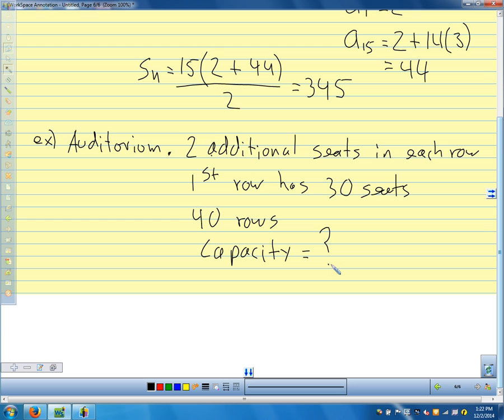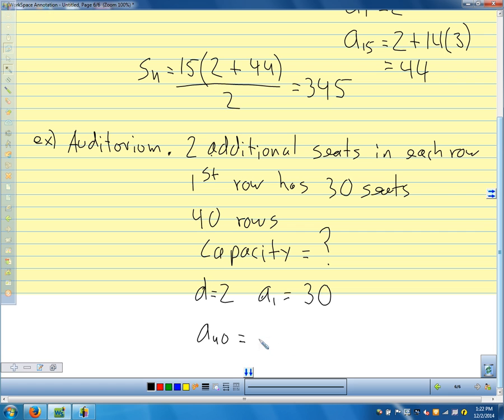Would the rule that represents the number of seats in the rows be an arithmetic sequence? Yeah, what's D then? 2. D is 2. A sub 1, what's our first term? 30. And we have 40 rows. So we can find A sub 40, right?